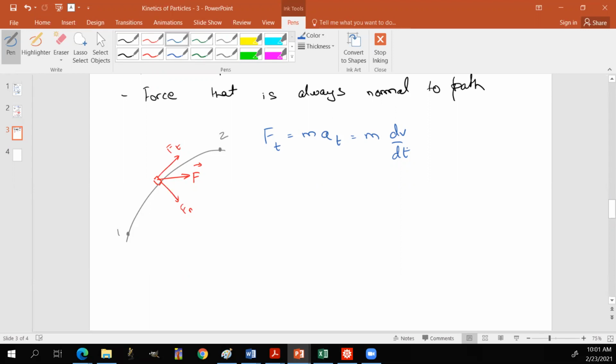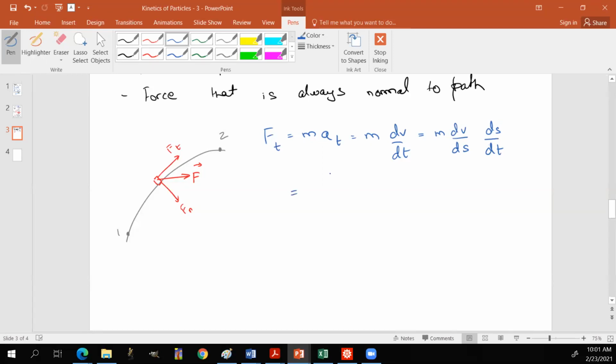Now we know from our mathematical juggling that we can write this as dv over ds times ds over dt, like that, right? Where s is the change in position. And here, ds over dt is nothing but what?